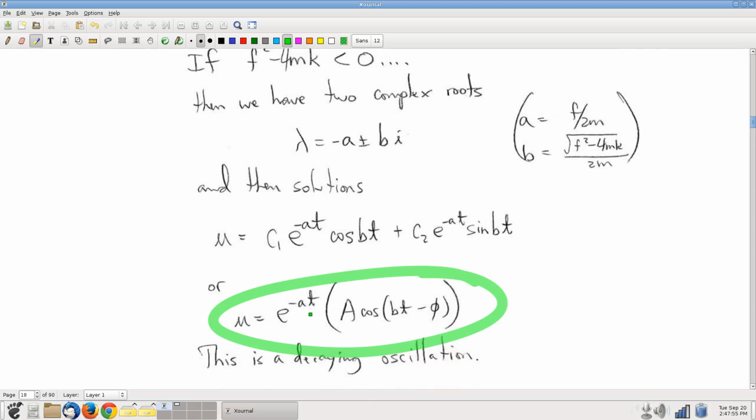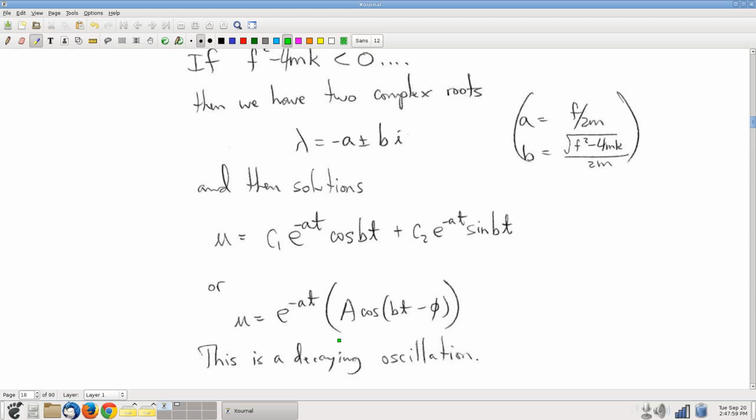And you can see in the form of this expression the decaying oscillation. Here's the oscillation right there. Cosine bt minus phi. That's an oscillation. Up and down, up and down, up and down. And there's a phase shift, and there's a frequency, etc. But you can also see here that this is a decaying oscillation.